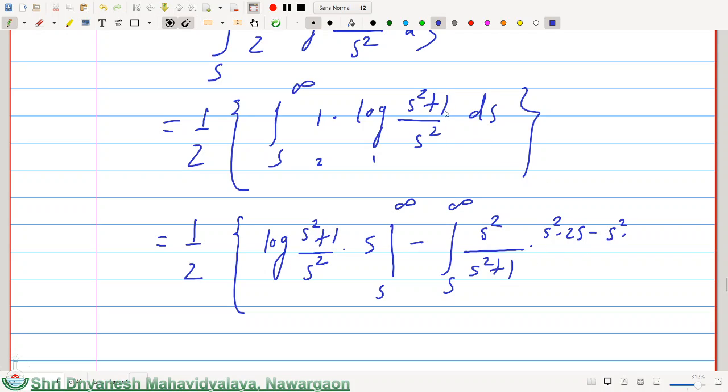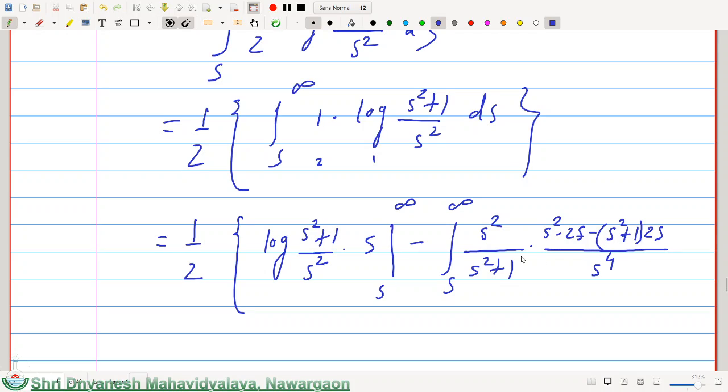Let me see again. We have to differentiate (s square plus 1) upon s square here in multiplication with this. So applying the quotient rule, we get s square into the derivative of s square plus 1, which is twice s, minus (s square plus 1) into the derivative of s square, that is 2s, upon s power 4.